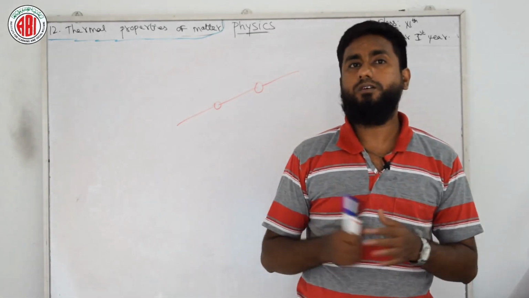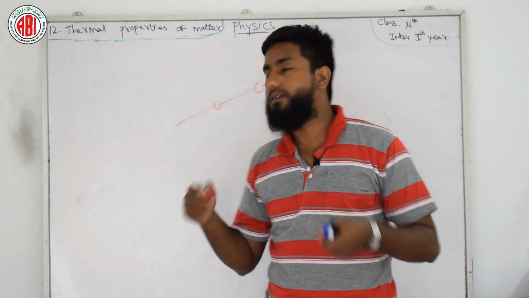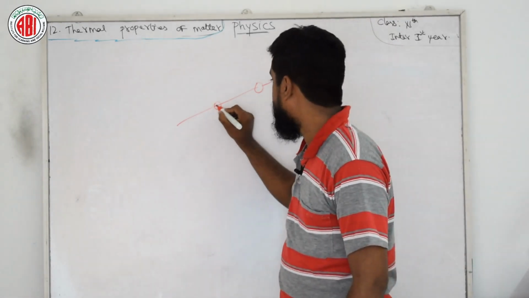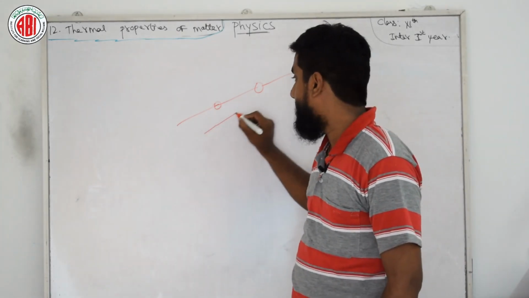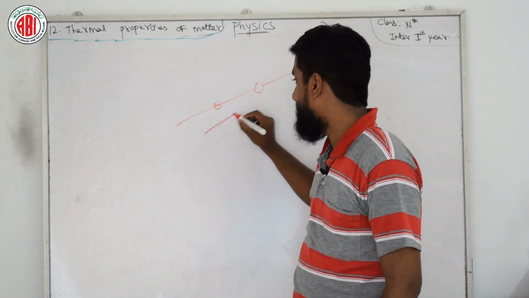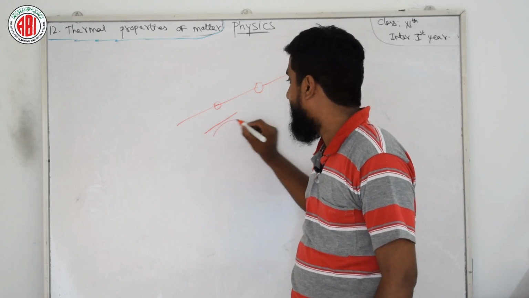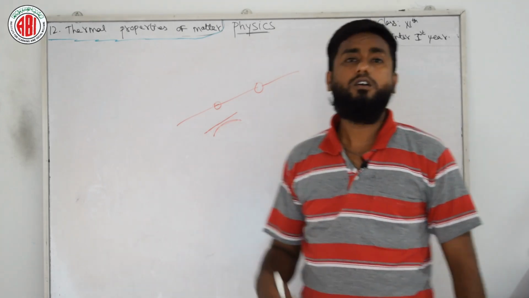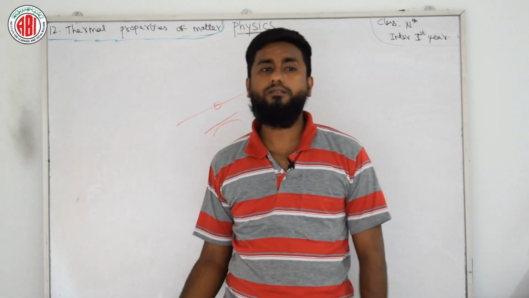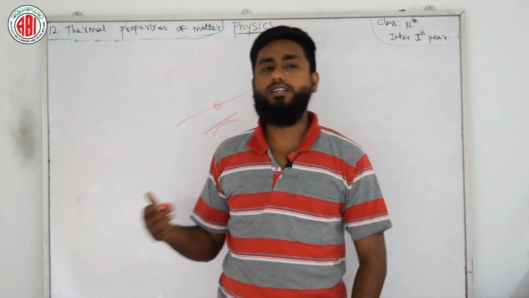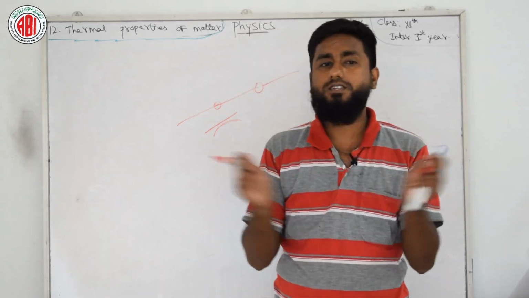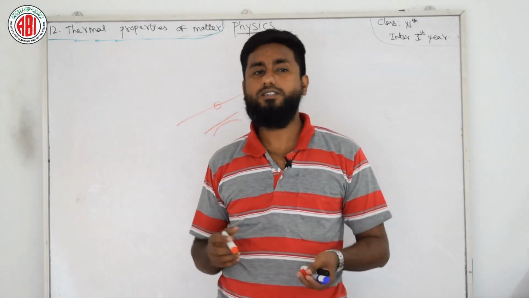That means in summer there is an expansion in the metal, and this gap is filled at high temperature. If we do not keep gaps and keep a complete track, it may bend and lead to huge train accidents. So this is the reason for keeping gaps between the rails on railway tracks.